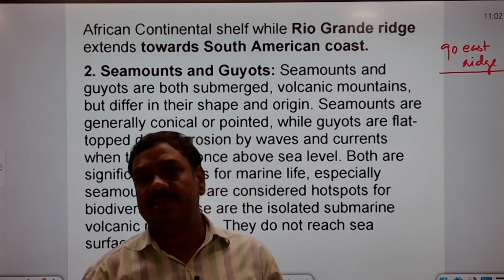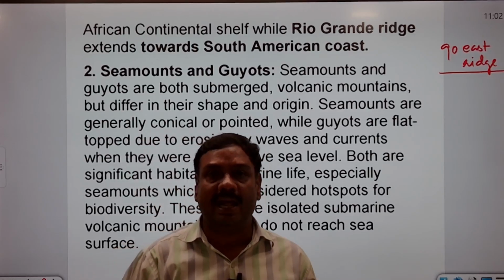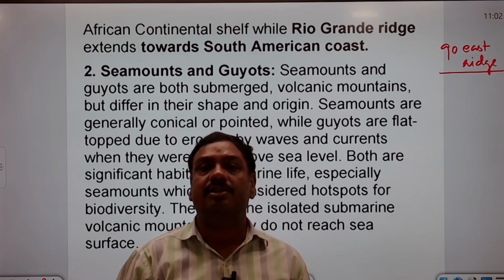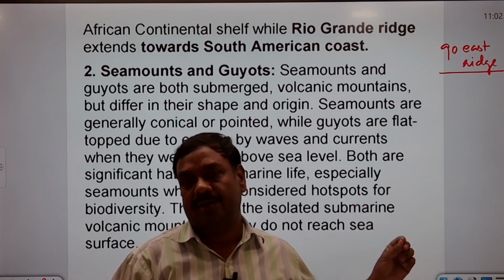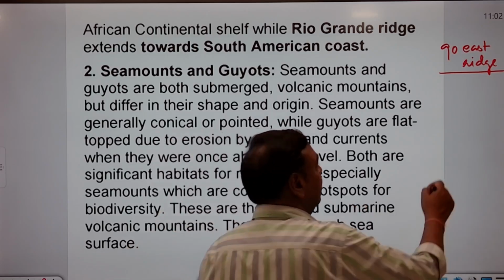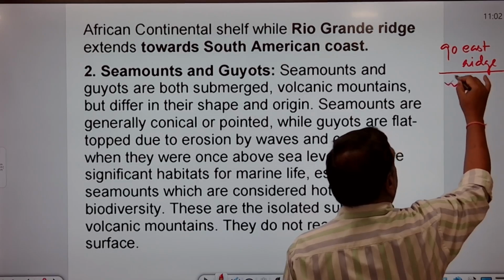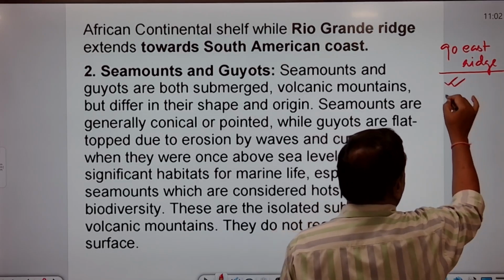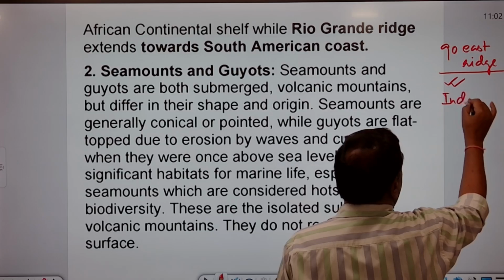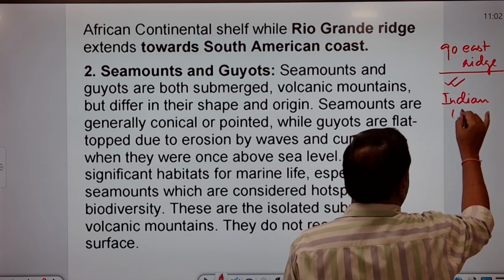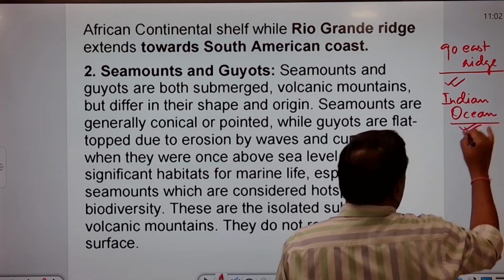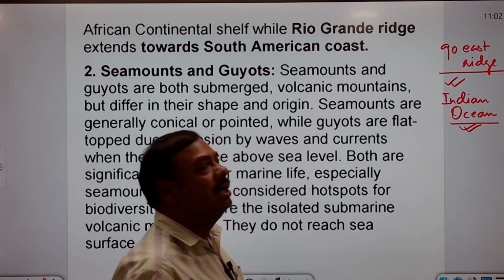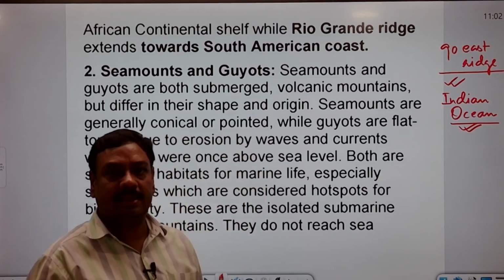So this 90 East Ridge is present in the Indian Ocean. In the examination, the name was asked only, so you must remember this.